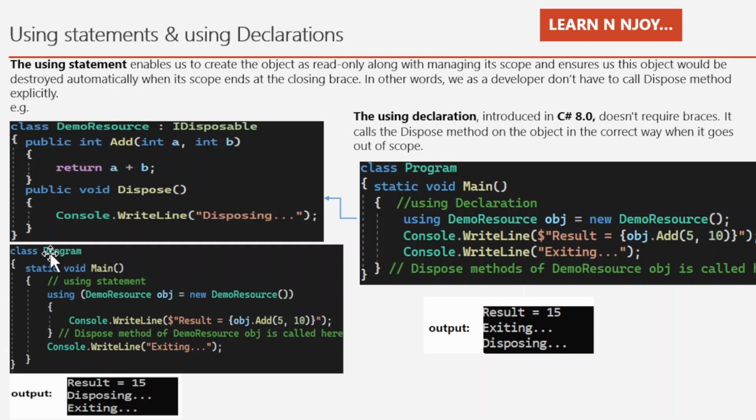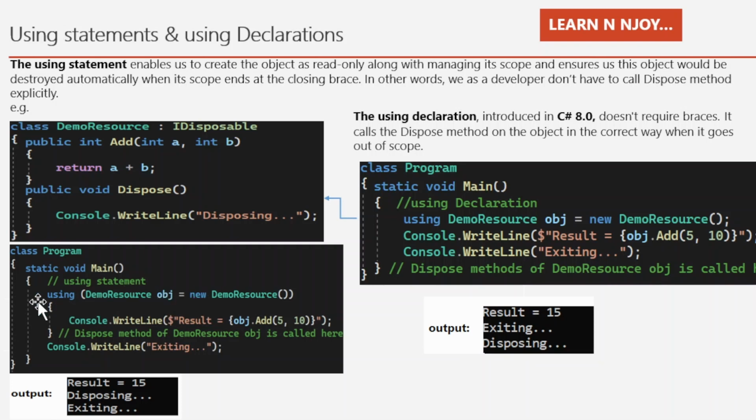Okay, now there is a class Program and that has the Main method. Inside the Main method I have used a using statement. How have we written the using statement? First we need to write the using keyword, and then opening and closing parentheses, and inside that I need to create an object for that particular class that we intend to create.